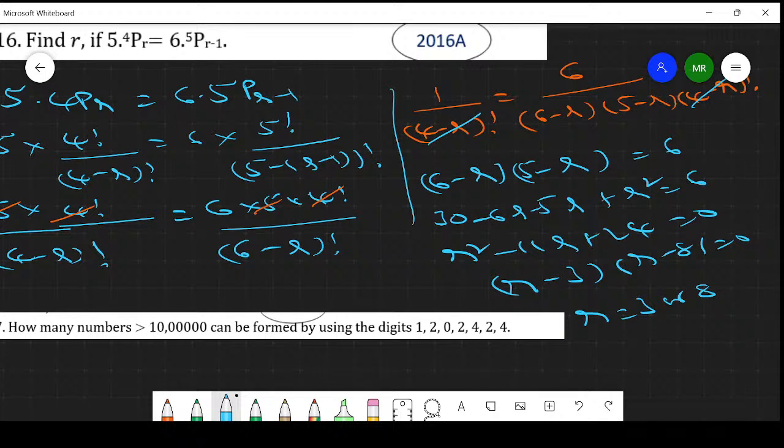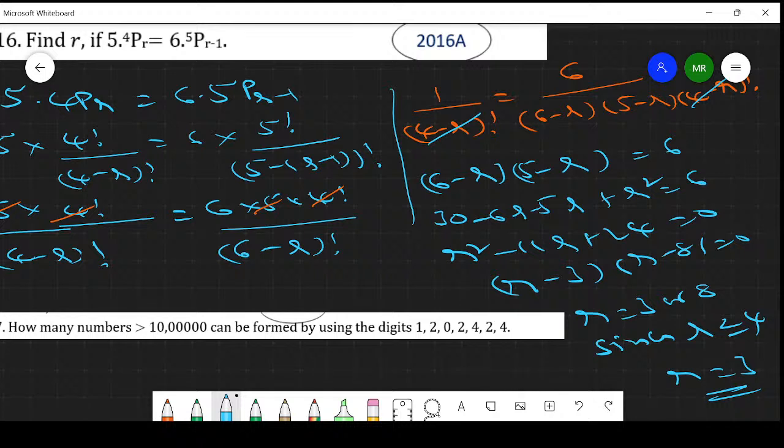Always in 4Pr, the r value should be less than or equal to 4. Since r is less than or equal to 4, your answer is r equal to 3. Only r value 3 I can consider.